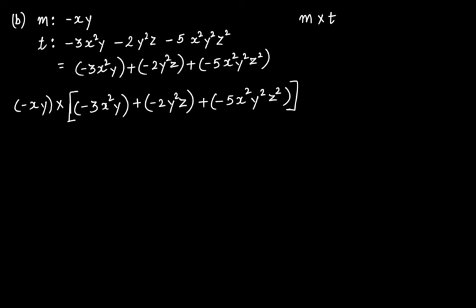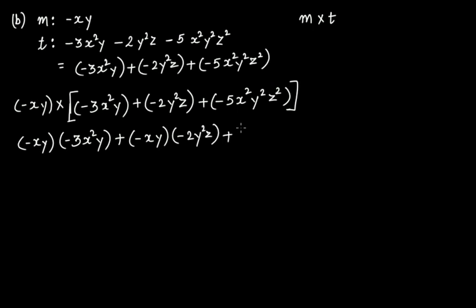Now, by the distributivity of multiplication over addition, this is minus xy multiplied by minus 3x squared y, plus minus xy multiplied by minus 2y squared z, plus minus xy within the bracket multiplied by minus 5x squared y squared z squared, right?